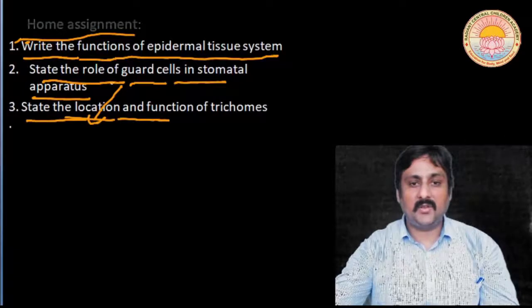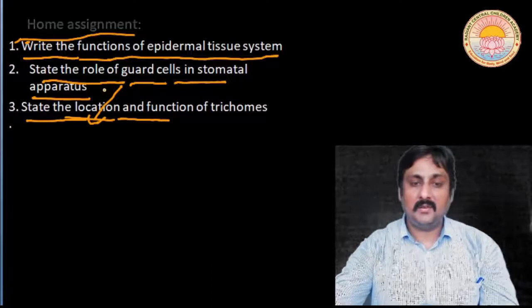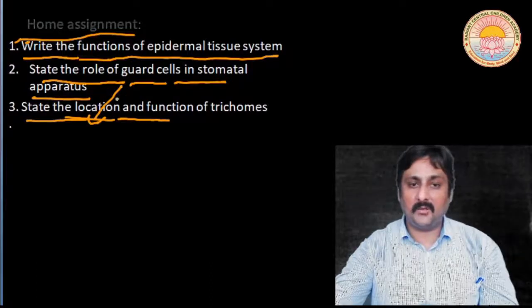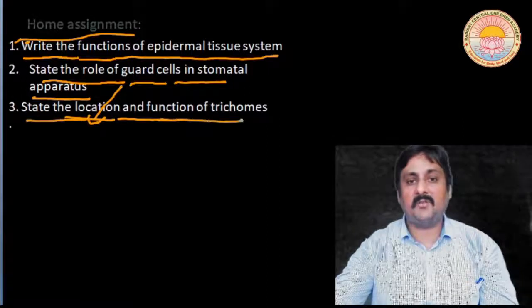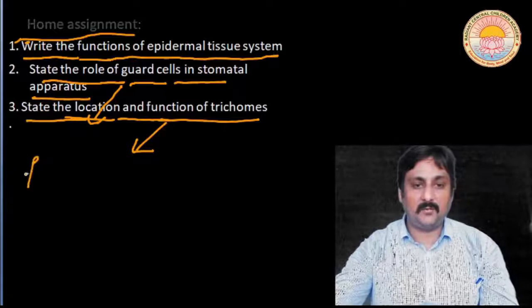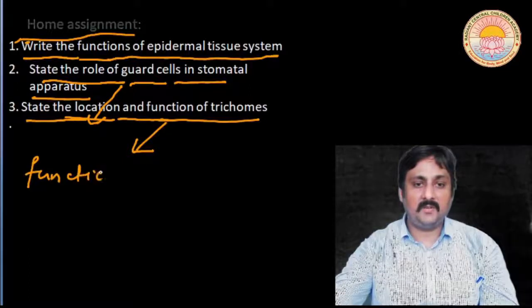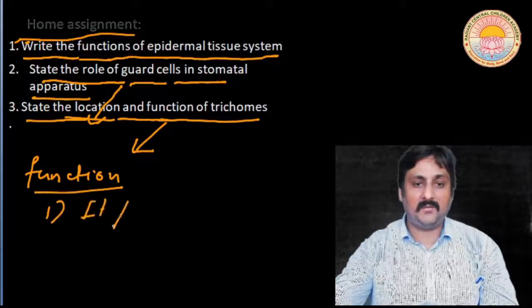Now the second question is, state the role of guard cell in stomatal apparatus. You know it is located where. You can draw a diagram and explain it. The third question is, state the location and function of trichomes. I have already told you there are so many functions of trichomes. First function is, it prevents transpiration.